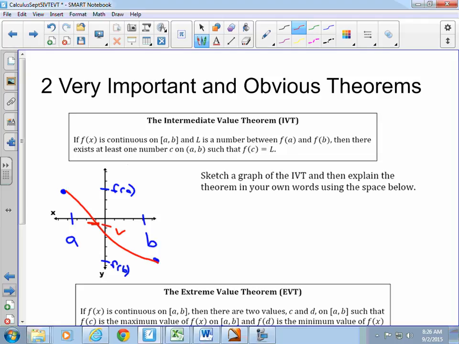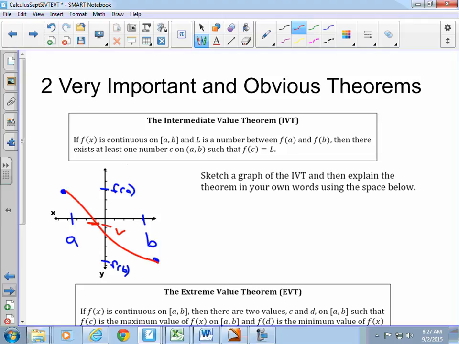You boys, when you went home after 7th grade, you were like 4'9", right? And you came back in August, and you were like 5'5". What had to happen sometime over the summer? You had to be 5'2" and 5'3", right? You had to be every height in between. Everyone agree? That's what the intermediate value theorem says.